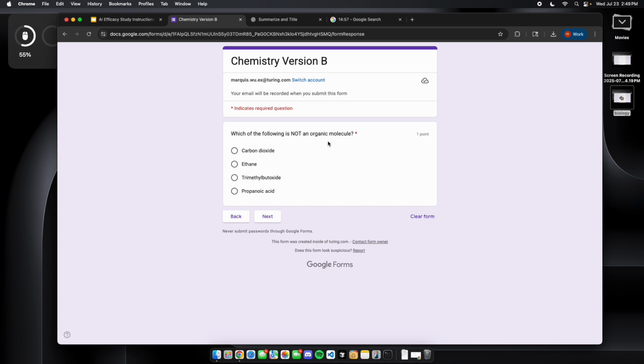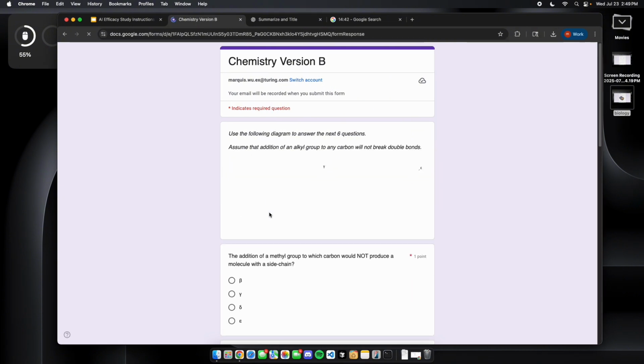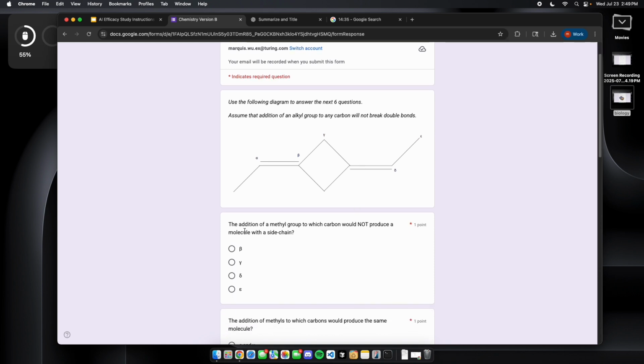Which of the following is not an organic molecule? Carbon dioxide is definitely an organic molecule. Go with this one. Use the following diagram to answer the following 6 questions. In addition to the methyl group, which carbon will not produce a molecule with a side chain?